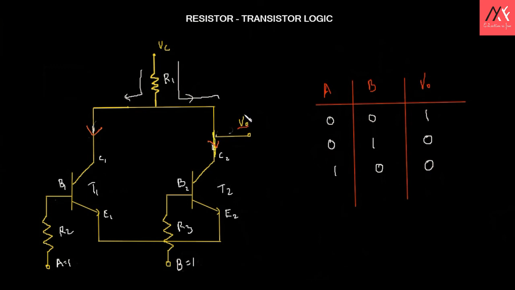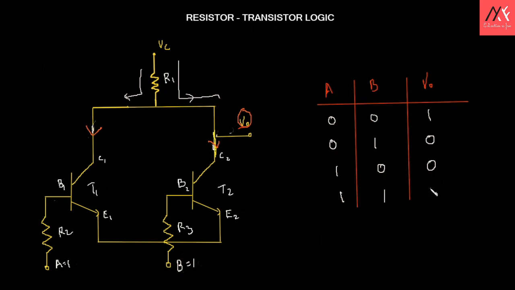As usual, here V0 will be experiencing a very low voltage, right? For the input combination 1 1, majority of the charges will be flowing towards both of the transistors because both of them are in the conducting state. Then V0 will be at the low voltage, right?